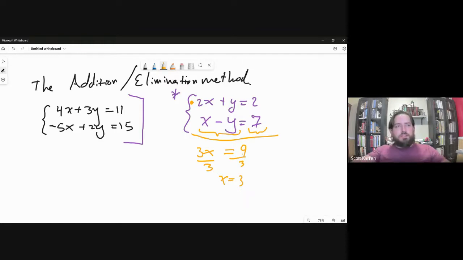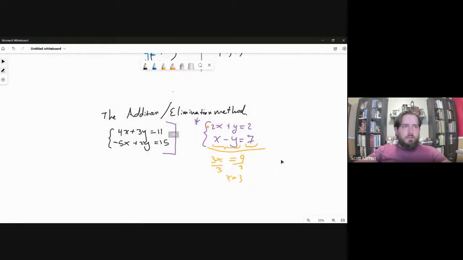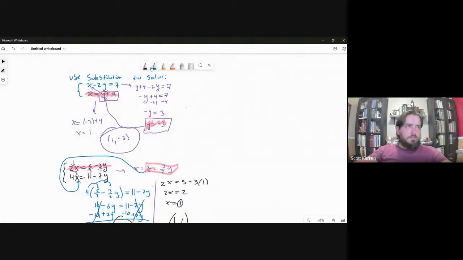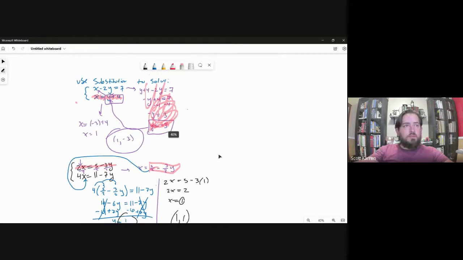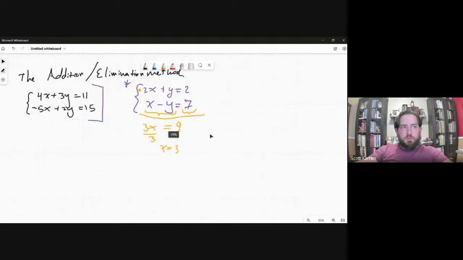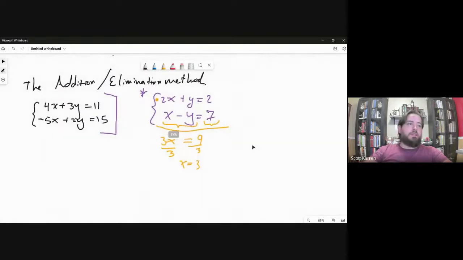If you recall, we just did it here. It took us all of this work right here just to get to our first variable's value. And so it's much quicker, much faster, typically cleaner. But there it is, x equals 3.